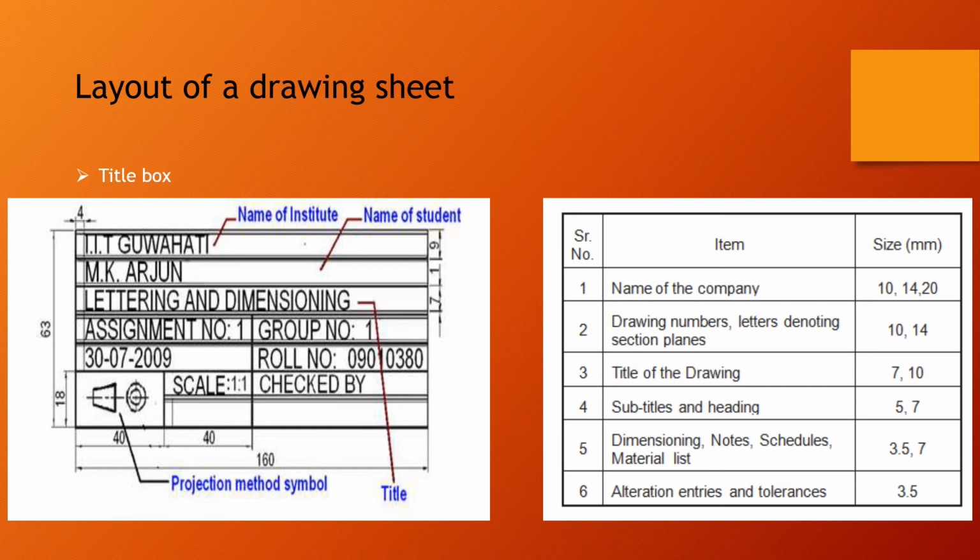That is the title, and that is the name of the institution, name of the student. Here is the name of the company, drawing number, letter denoting the section plan, that is the minimum size; title of the drawing, subtitle and heading are written in this series.